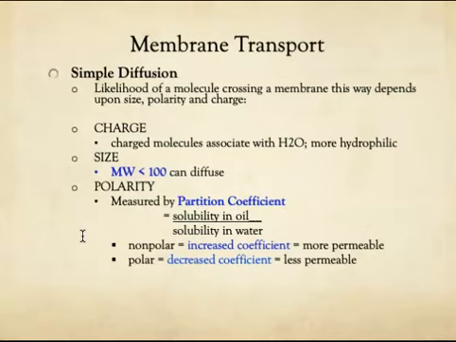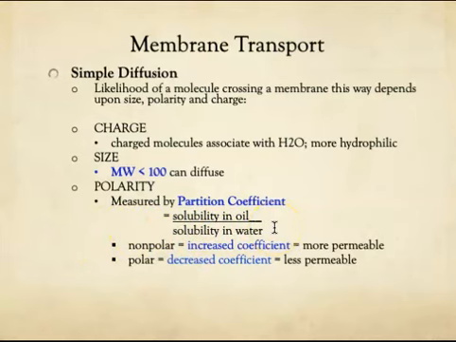Now you can actually measure polarity by determining what's called the partition coefficient of a molecule. All that is a comparison of its solubility in oil, a non-polar solvent, divided by solubility in water, or a polar solvent.